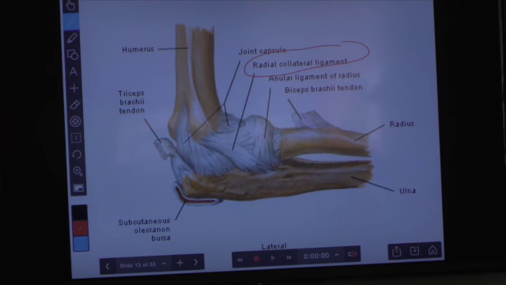It is ulnar. So here we go. Here is the radial collateral ligament, humerus, ulnar.